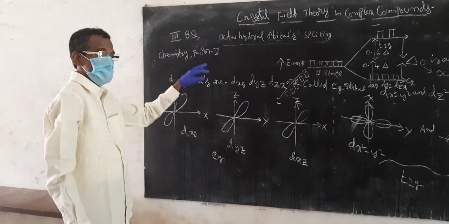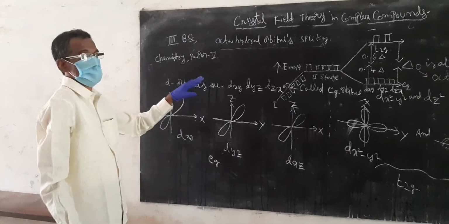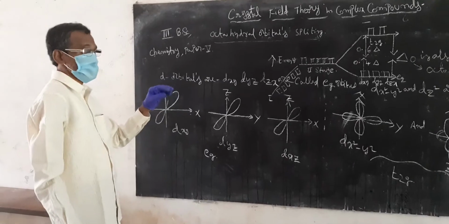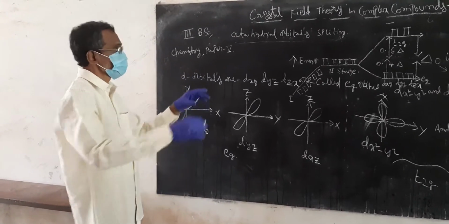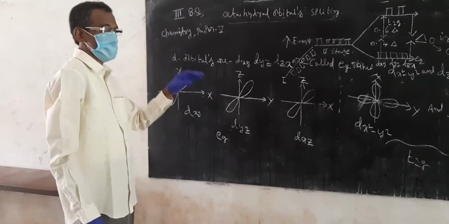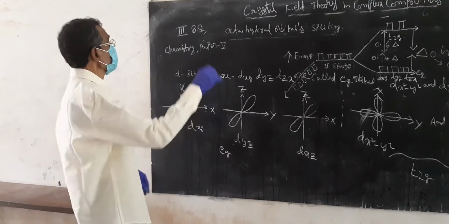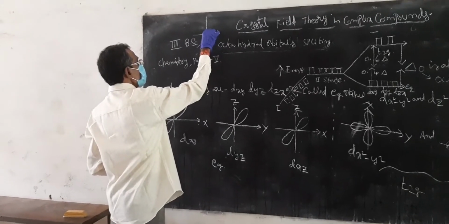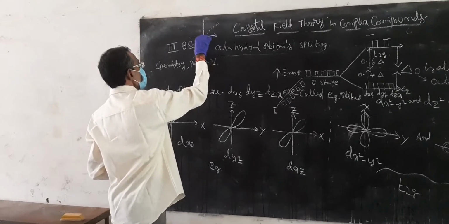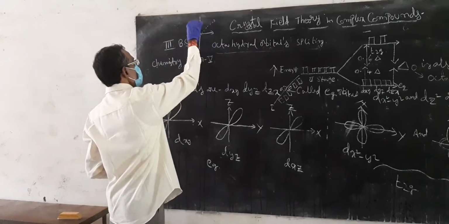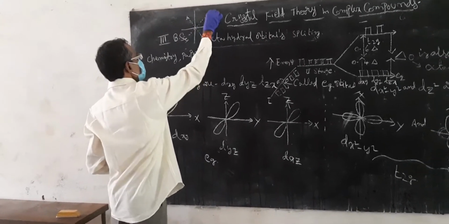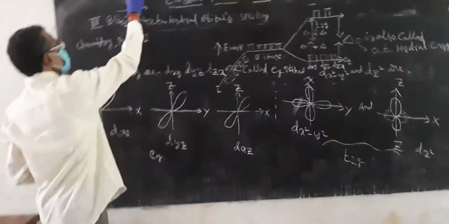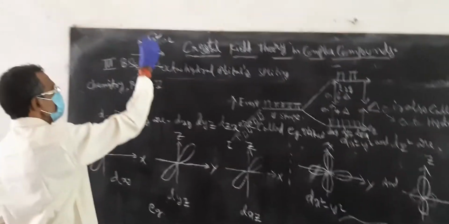The central metal ion has coordination number 6, which means 6 ligands approach the central ion. L means ligand.